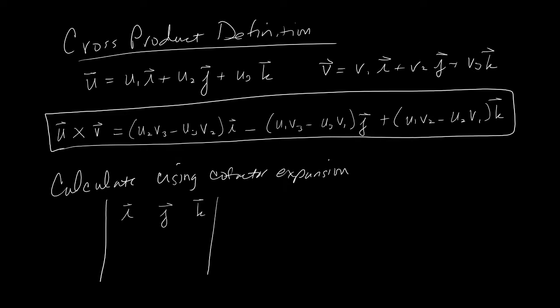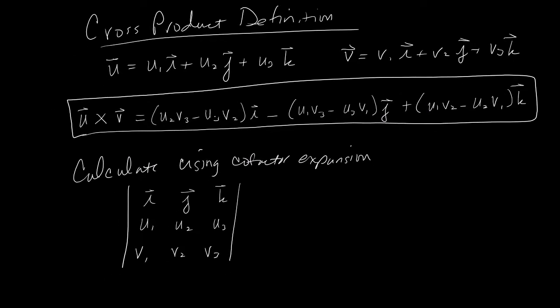The second row is going to be the components of u: u1, u2, u3. The third row is going to be the components of v: v1, v2, v3. Which vector is u and which is v is completely arbitrary, but this is the order we need if we are crossing u with v. So u cross v is equal to this determinant.